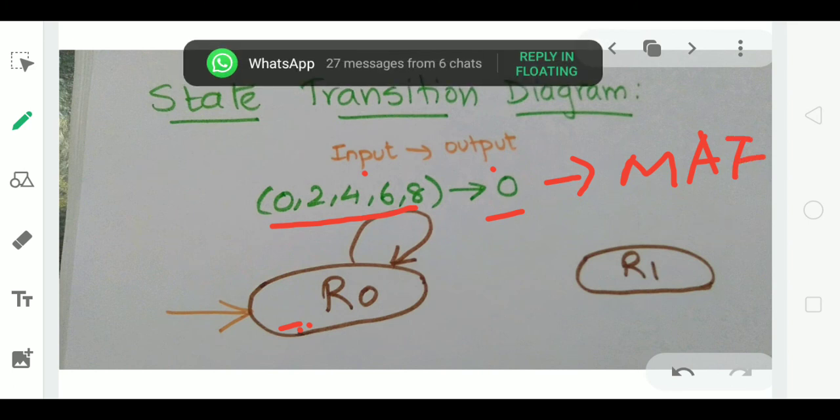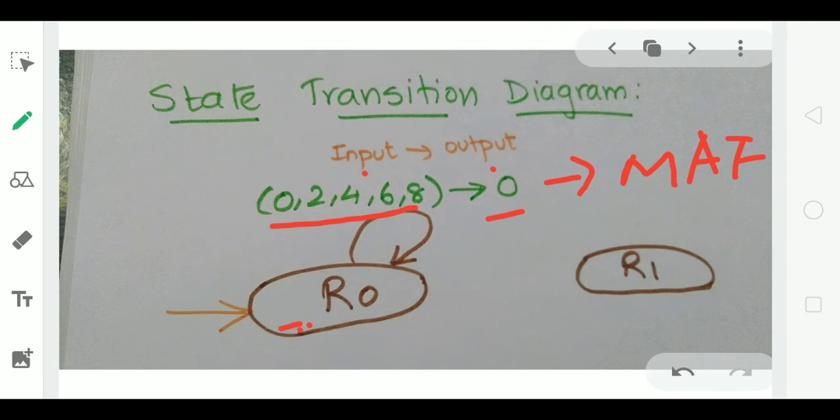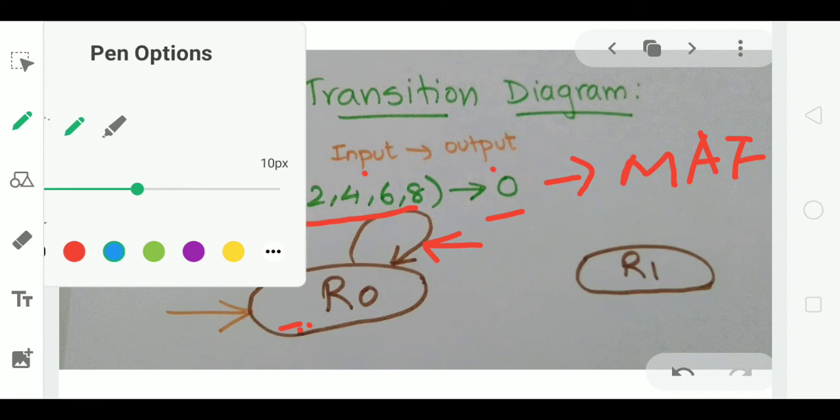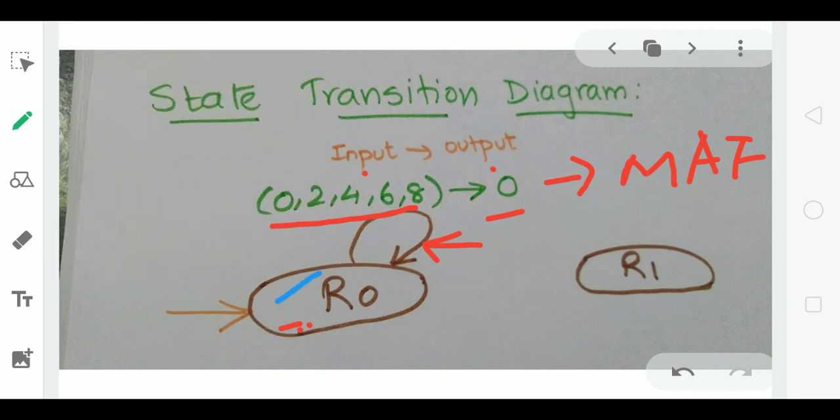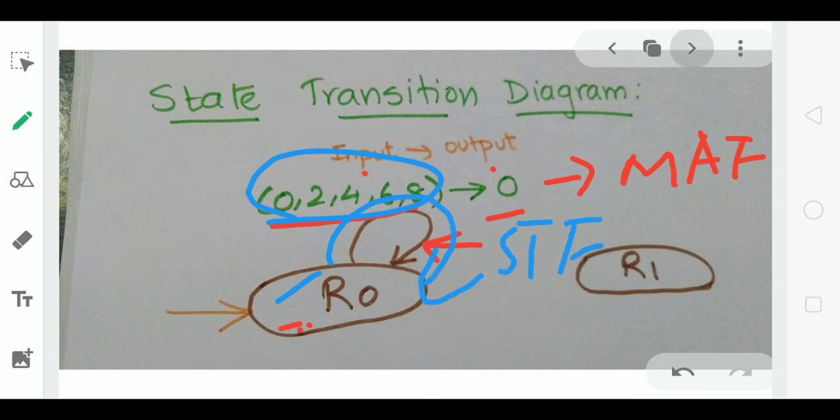Now from the state function, we are going to find out where it is actually going. So R0 with the input 0, 2, 4, 6 is going to itself. This we came to know from the state function.